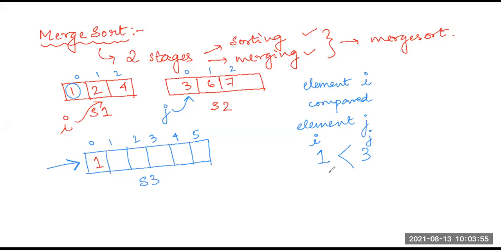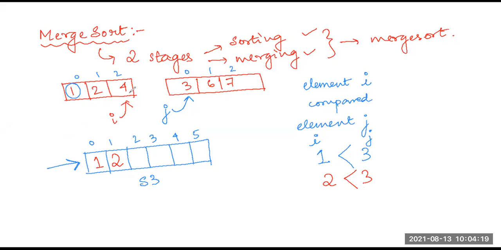Then I will compare: I is referring to 2 and J is referring to 3. Which one is smaller? 2 and 3. Obviously 2 is smaller. So I will copy 2 here and likewise increment I. Now my I will go over here.